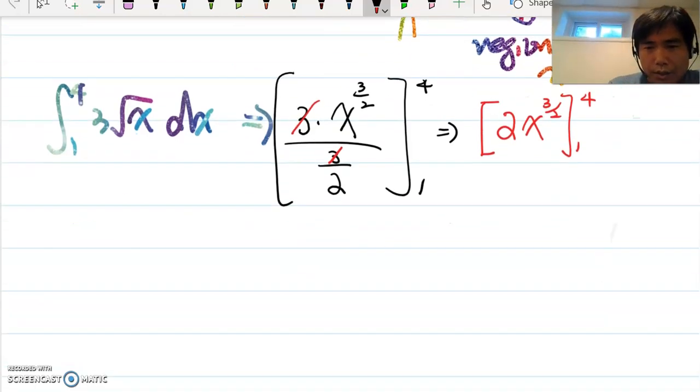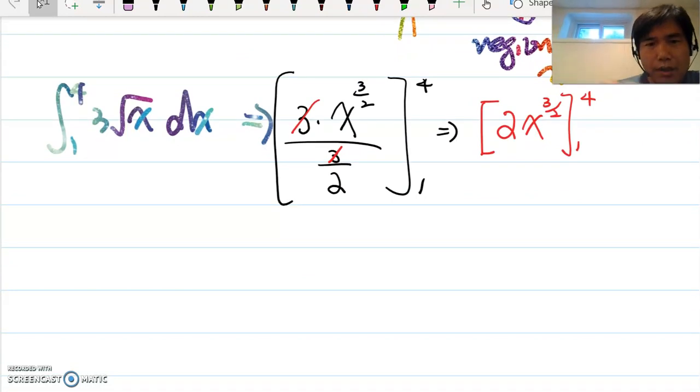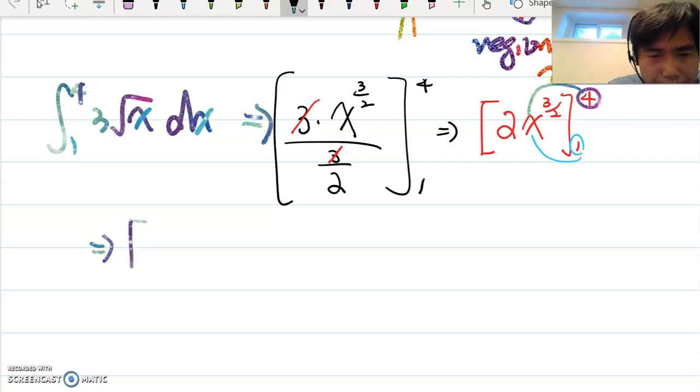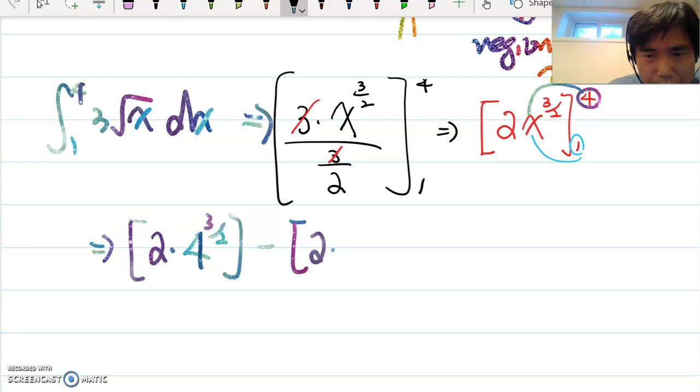From here now I plug 4 into x first, and then later I put 1 into x, and we find the difference. So this becomes 2 times 4 to the 3 over 2 power minus 2 times 1 to the 3 over 2 power.